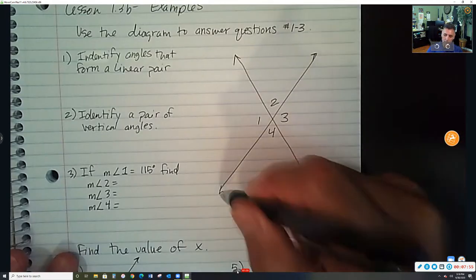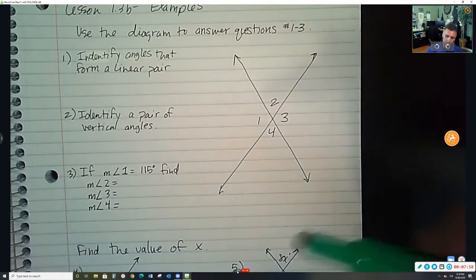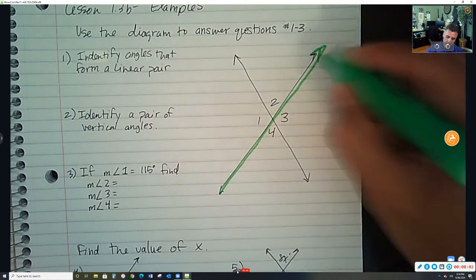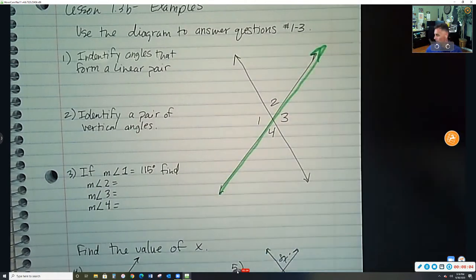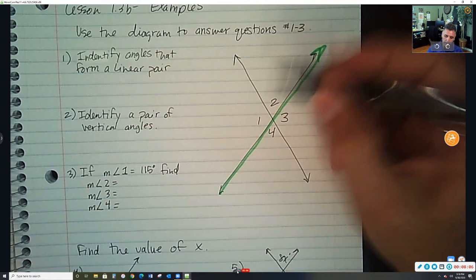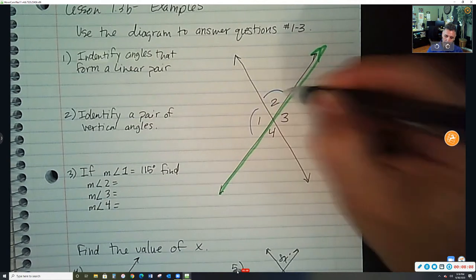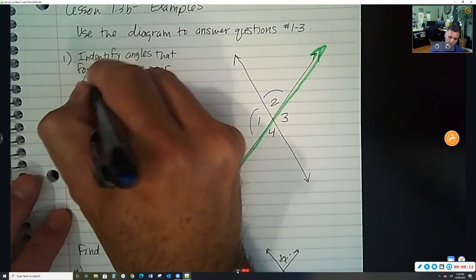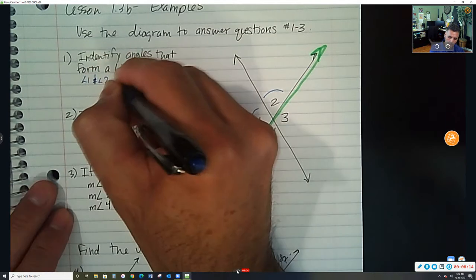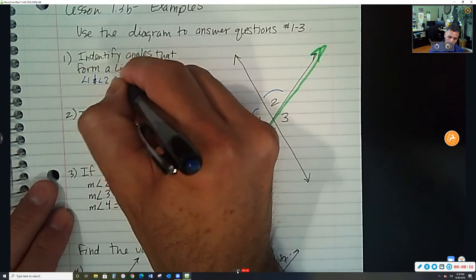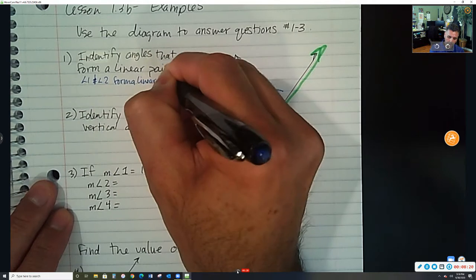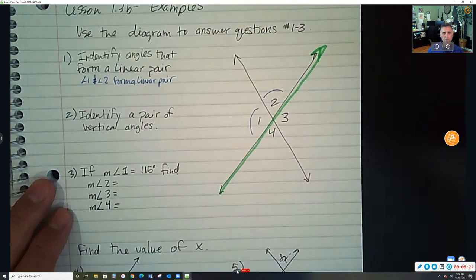Let's just choose a line. Let's choose this one. Let me highlight it. Let's choose this line. That's a little crooked, but you guys get the idea. This angle and this angle make up that line. So we can say angle 1 and angle 2 form a linear pair, right?